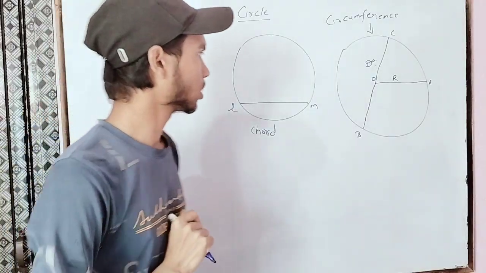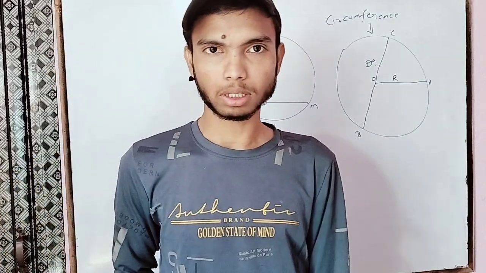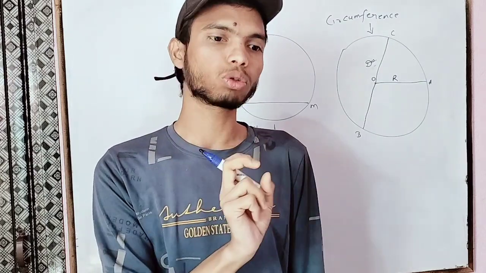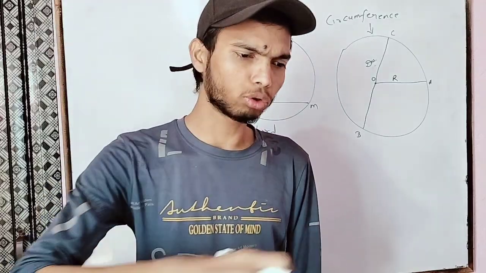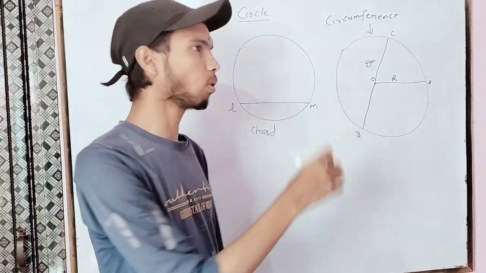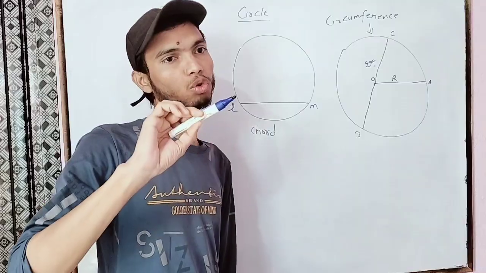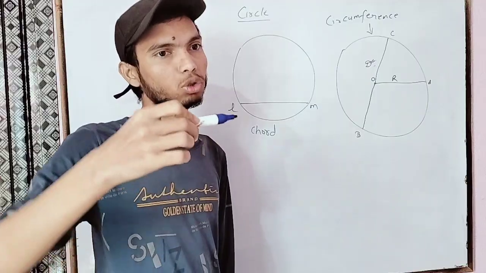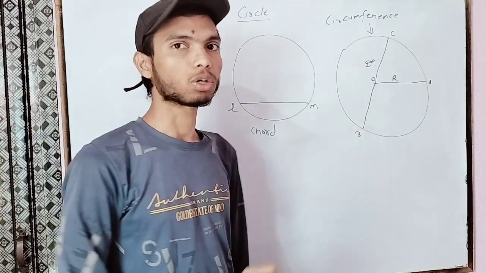The definition of a chord: a line segment which does not pass through the center of the circle will be considered a chord.